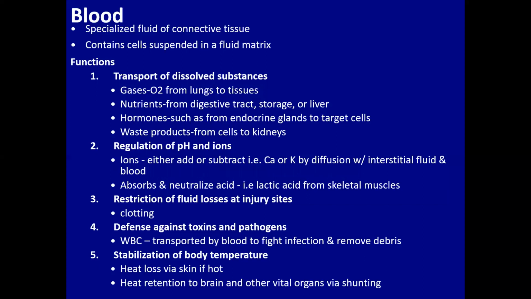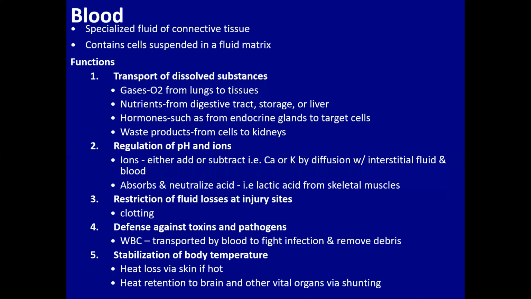Blood functions include transporting dissolved substances, like we just talked about, oxygen, nutrients, hormones, waste, right? But we're also talking about maintaining homeostasis. So we're looking at pH and ions.